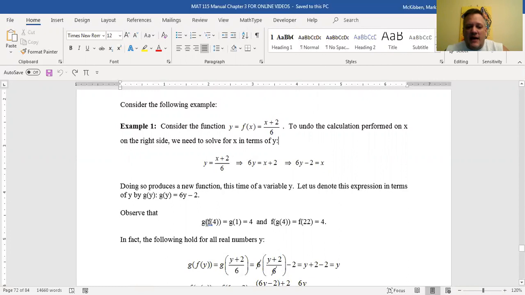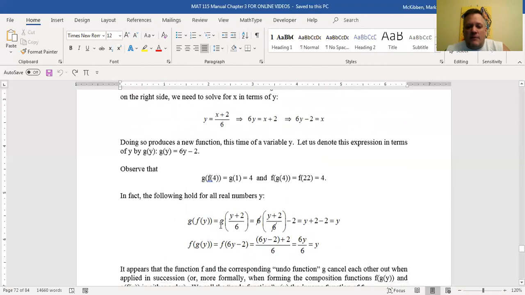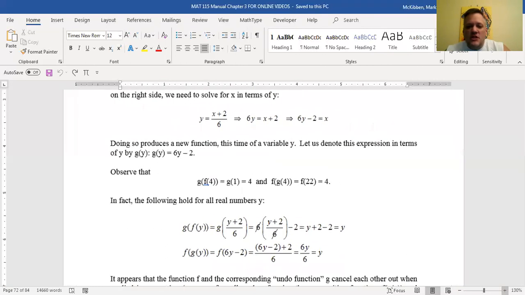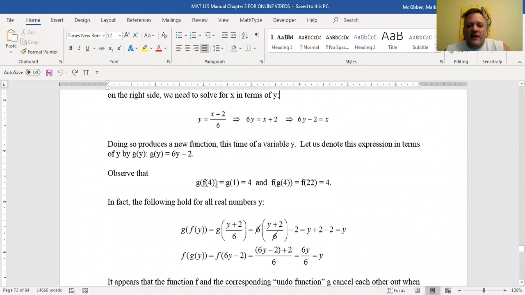So if I looked at this sort of computation here, g of f of 4. If I compute f of 4, just put 4 in for x, you'll get 1 as an output. And then if I go back and take g of 1, where g of y is the function I'm calling by this expression, what I solved for x, g of 1, if you put 1 in for y, you get 4 back, right?